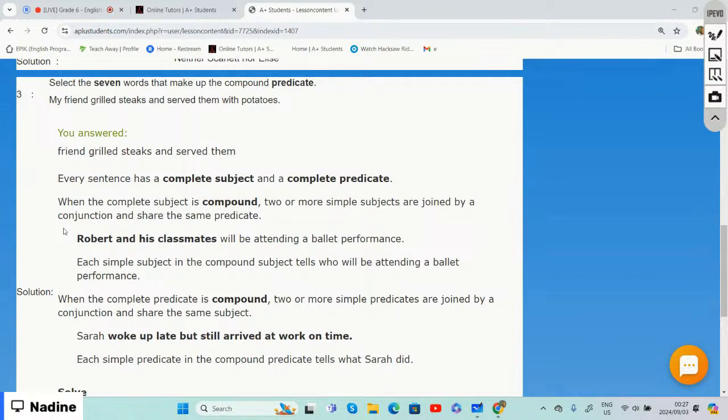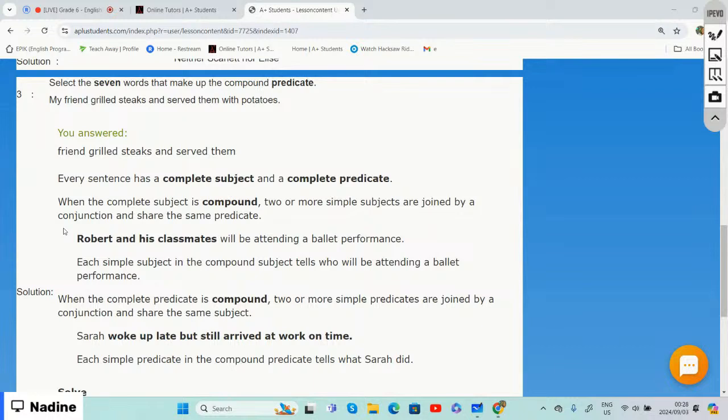And now, when the complete subject is compound, two or more simple subjects are joined by a conjunction and share the same predicate.